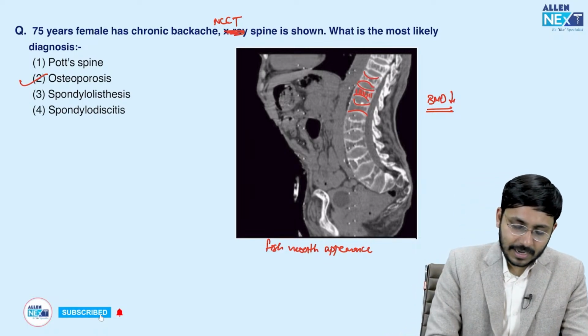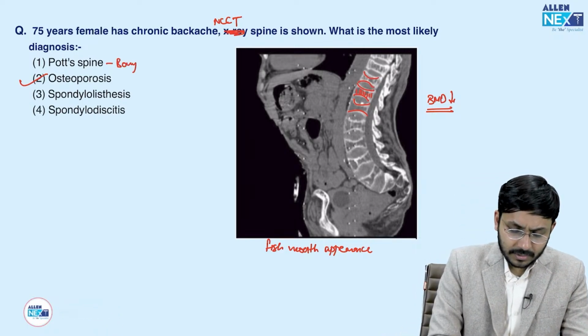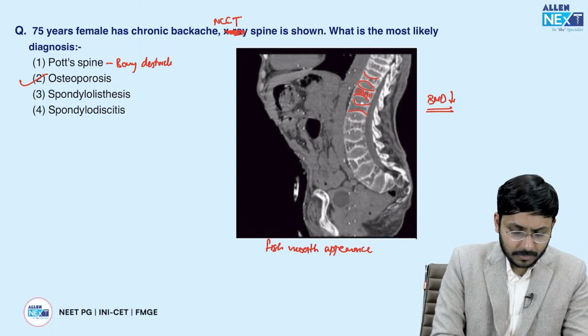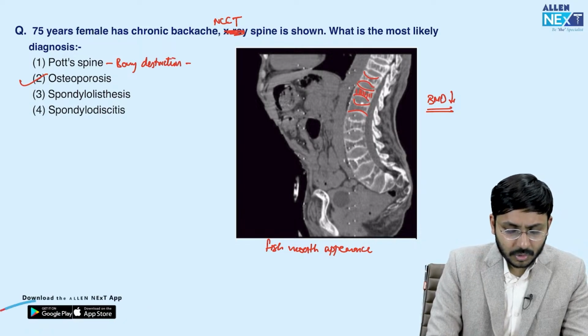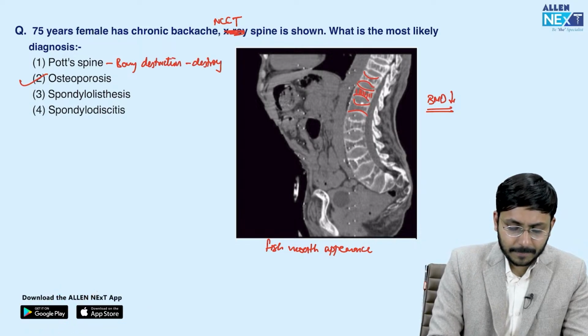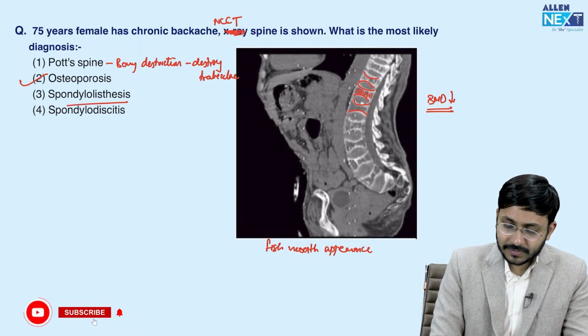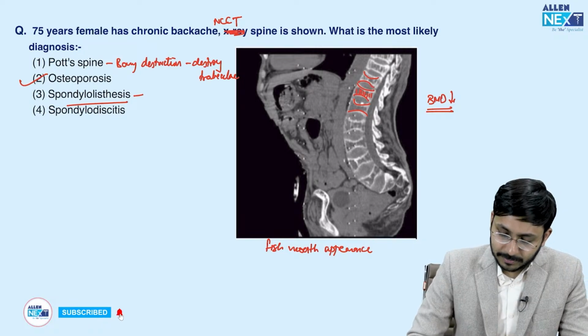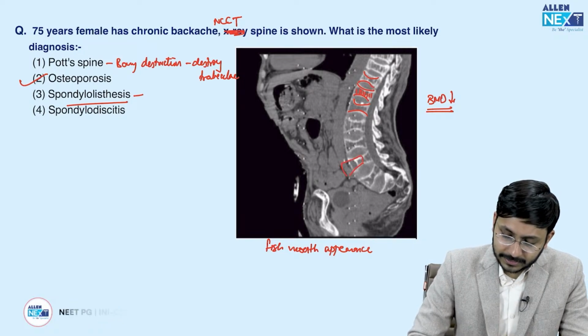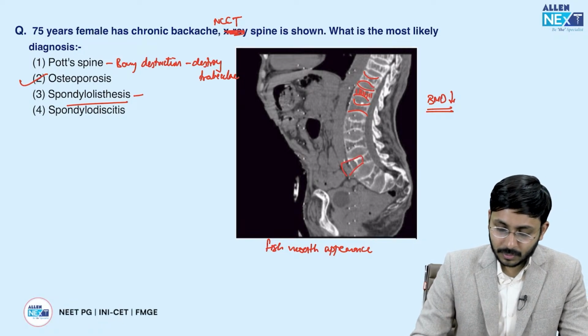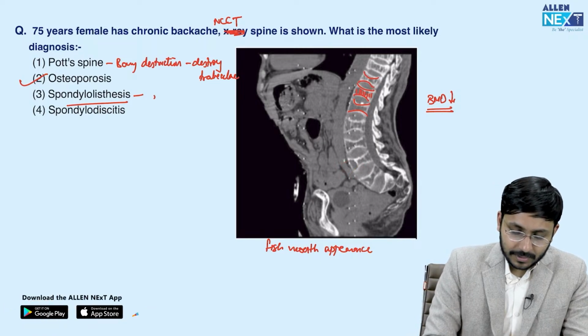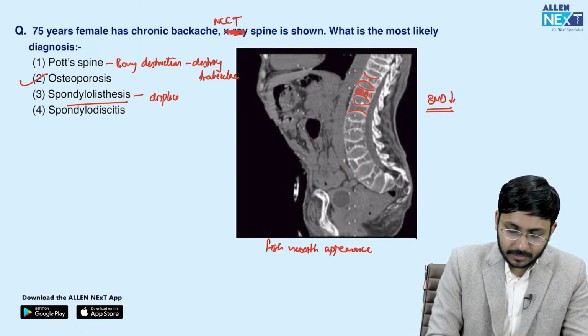Pott's spine will have bony destruction, not compression fractures. It will destroy the trabeculae as well. Spondylolisthesis will actually have some displacement of the vertebra. So this is how spondylolisthesis will look, with displacement of the vertebra.